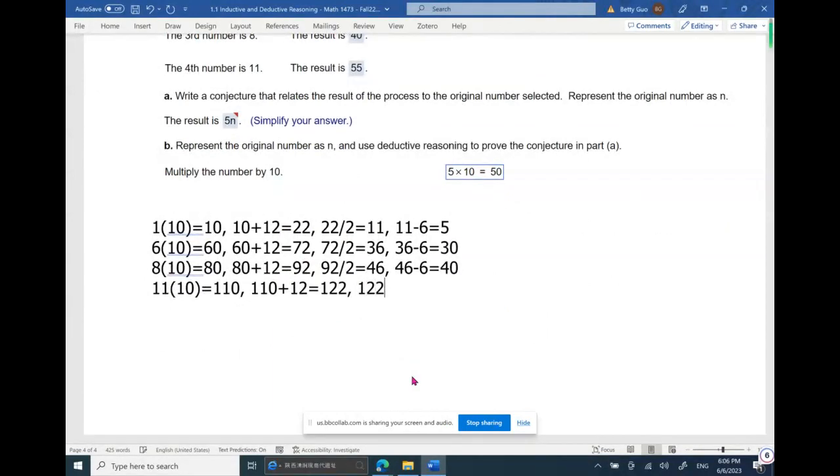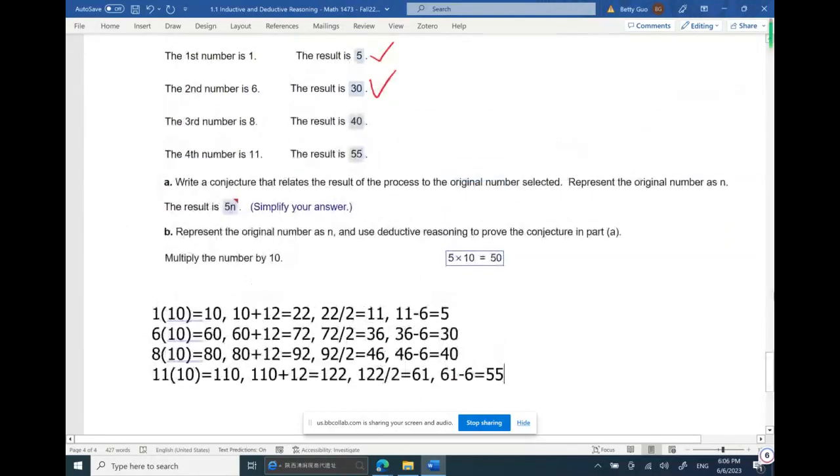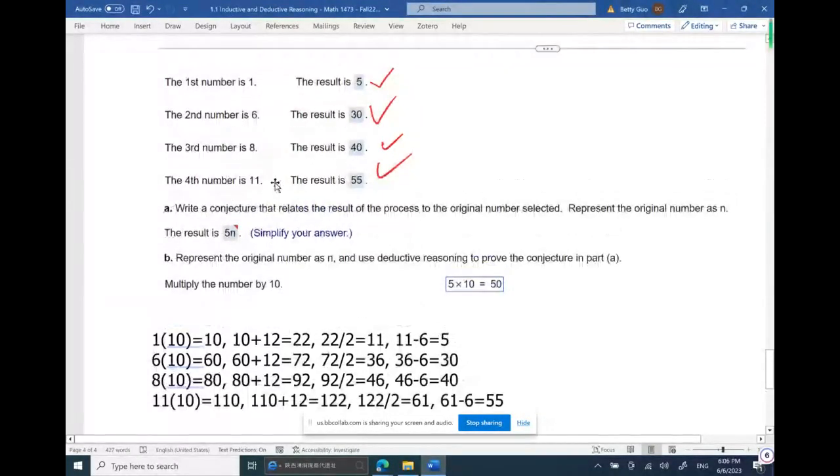And divide 122 by 2. We have 61. And then use 61 to minus 6. We have 55. Right? So that takes care of the first 4 cases of this question.